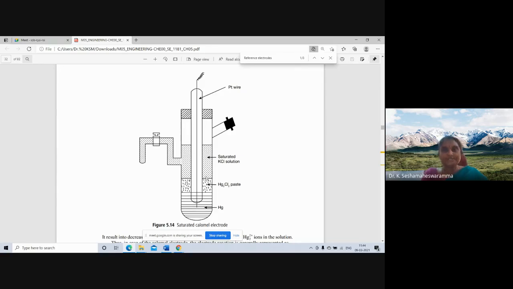After that, it is filled with saturated potassium chloride solution, and the platinum wire is dipped in. This is the construction of the standard calomel electrode, the saturated calomel electrode.